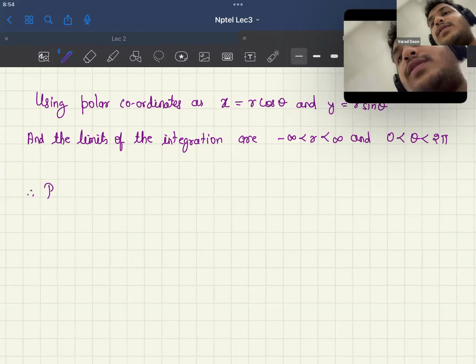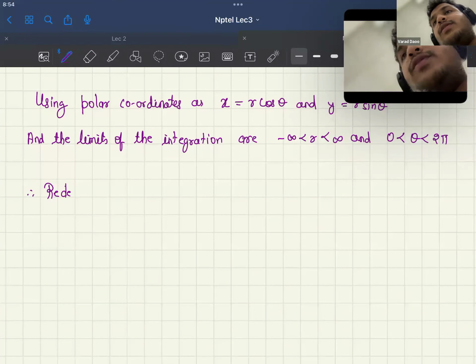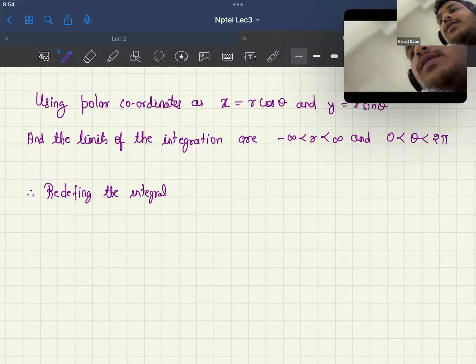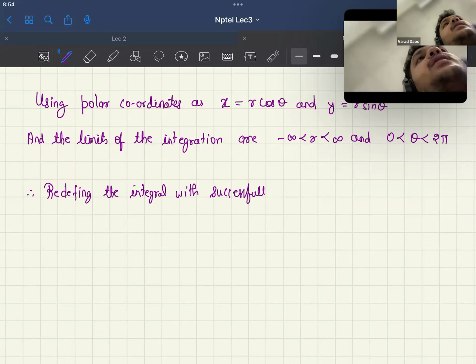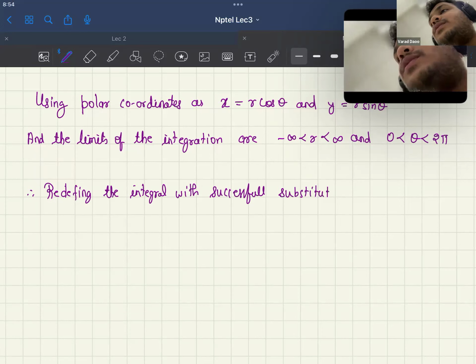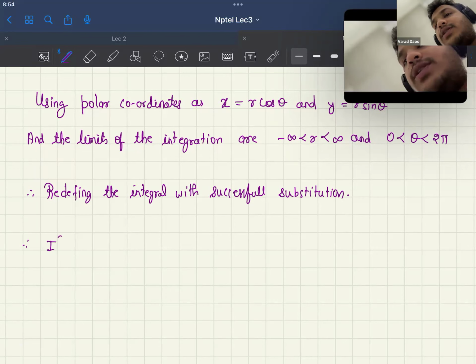Therefore, we define the integral with a successful substitution.